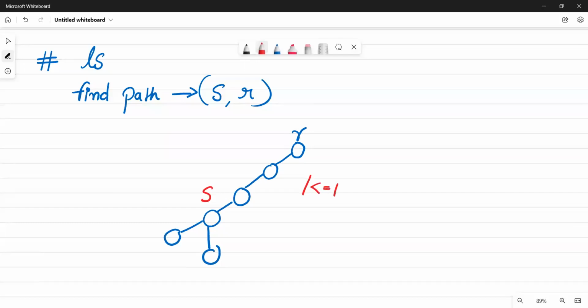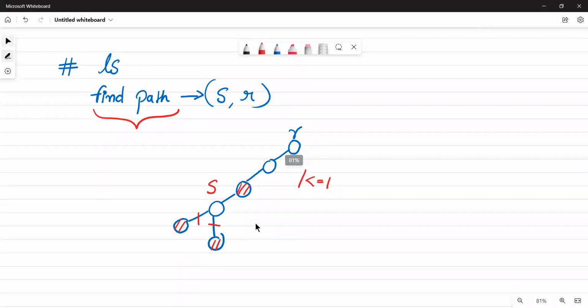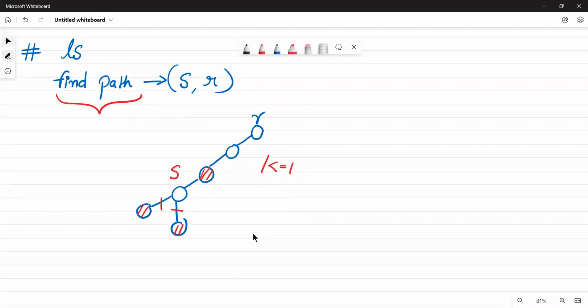So these will be the two nodes which you will get, and this will be the one node which you will get. But when you find the path, from where to where are you going to find the path? Are you able to get what I'm trying to explain?